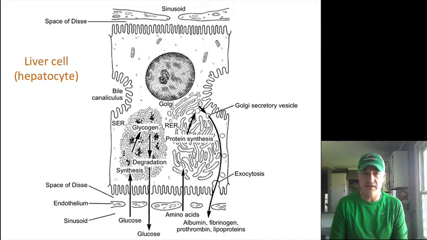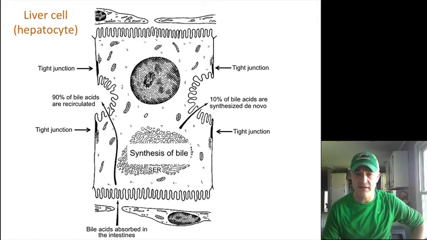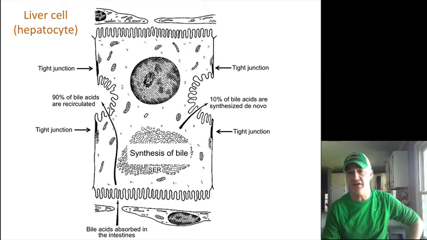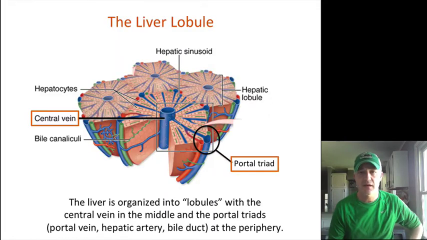You can kind of see an example of a liver cell right here, a hepatocyte. You can see large amounts of rough ER and smooth ER in this image. Again, what is it doing? A lot of synthesis, bile either recirculating or generating from other byproducts.